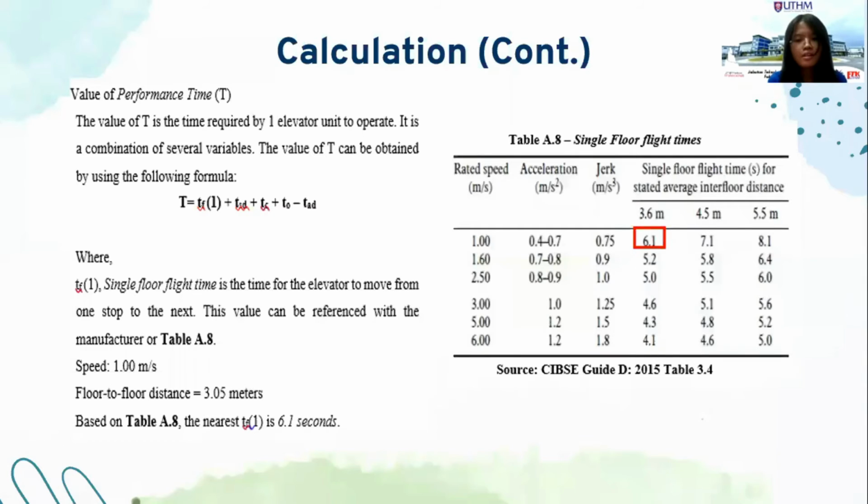Next, for the value of performance times, based on table 8.8, the speed is 1.00 meter per second, floor to floor distance is 3.05 meters. So based on table 8.8, the nearest TF is 6.1 seconds.